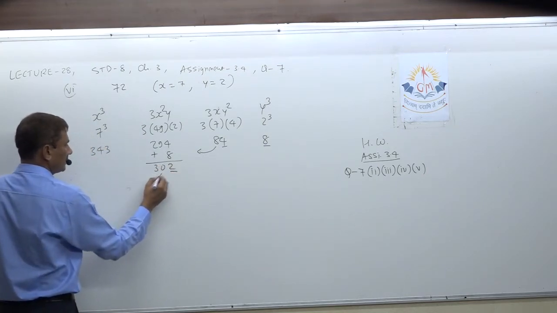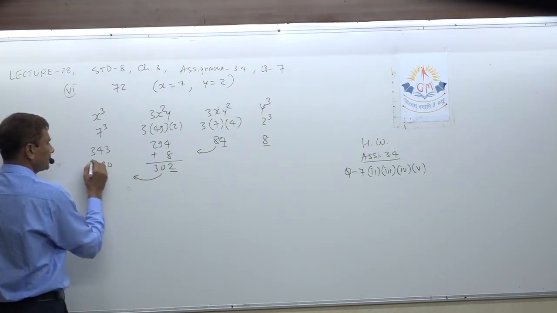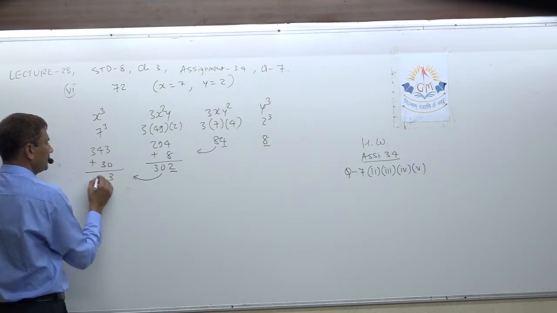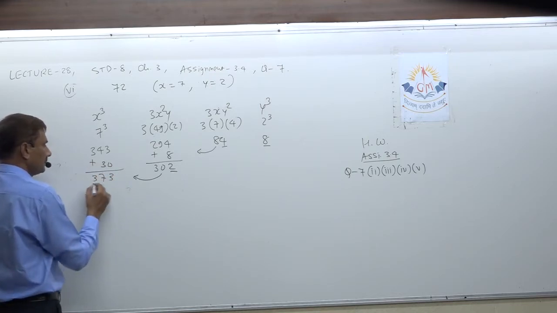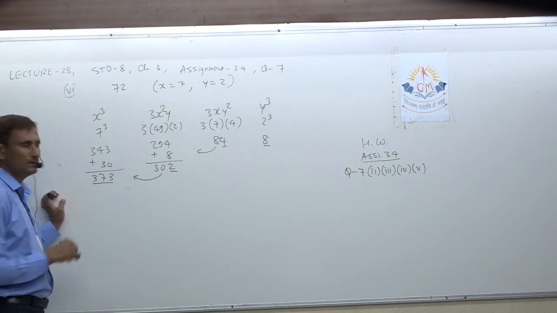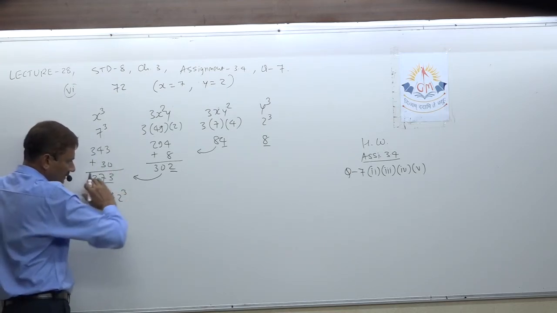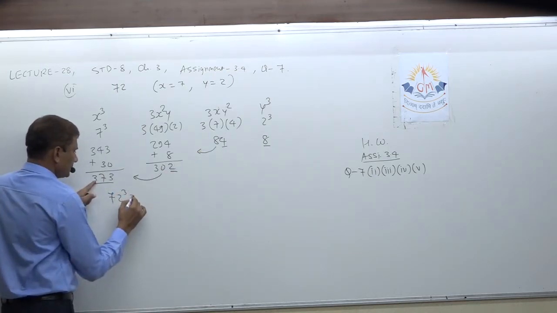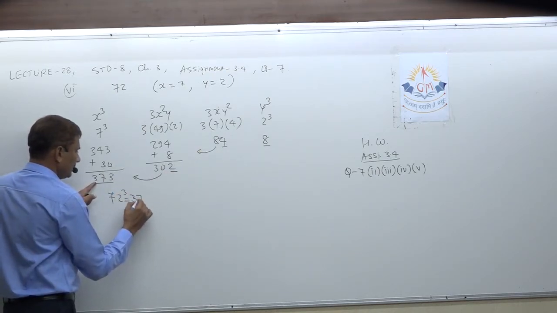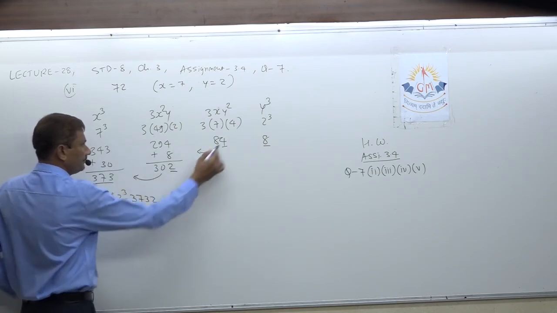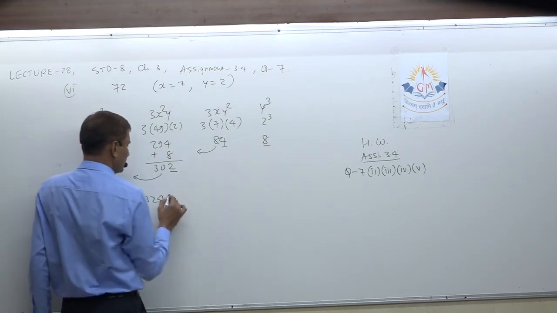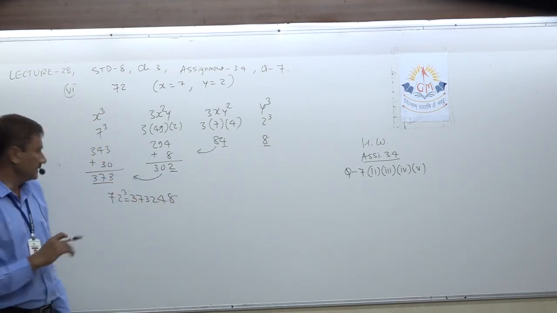Now 2 is underlined, 30 shifted there. So 30 is added, so 373. So everything is underlined here, all digits. So now you can write the 72 cube in this sequence: 3, 7, 3, 2, 4 and 8. So that is our answer.